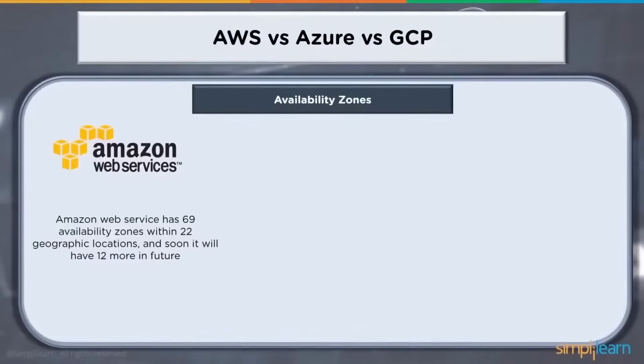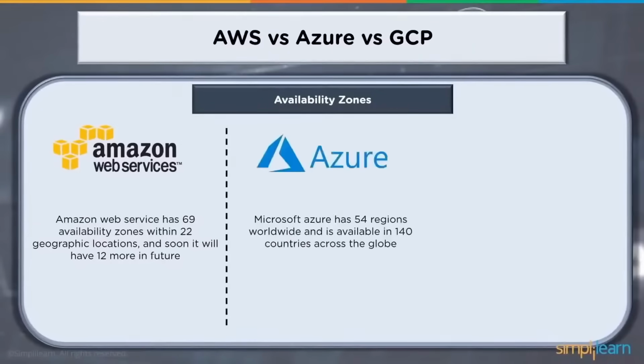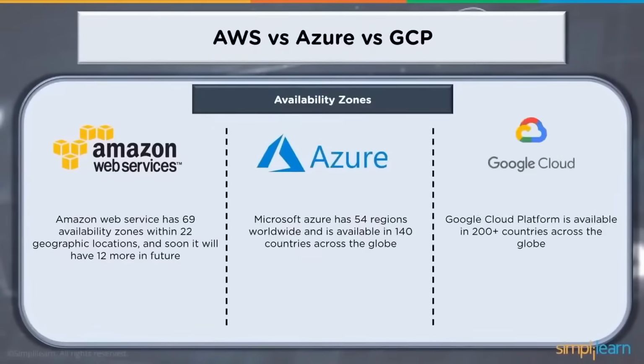This number keeps growing based on the spread of the services which a particular cloud provider offers. Here we are talking about availability zone specific information. When we talk about Microsoft's Azure, it has 54 regions worldwide and is available in 140 countries across the globe. Google Cloud Platform is available in 200 plus countries across the globe.